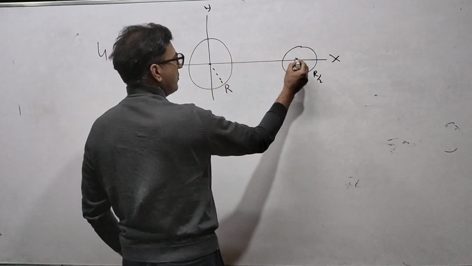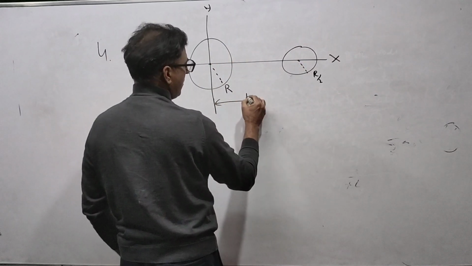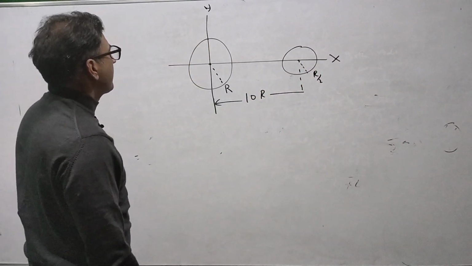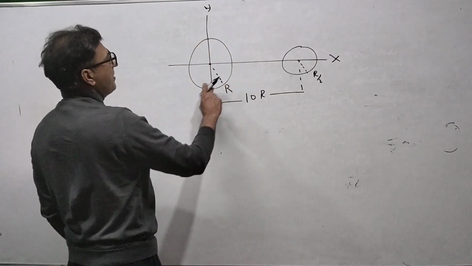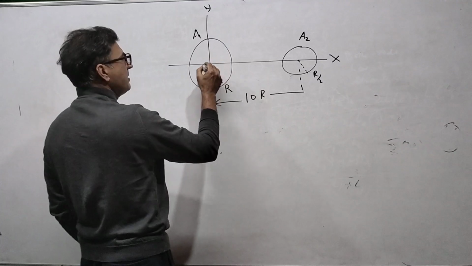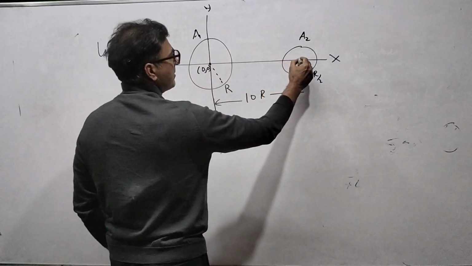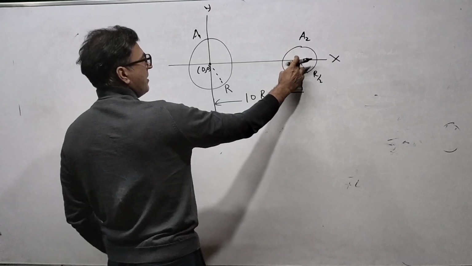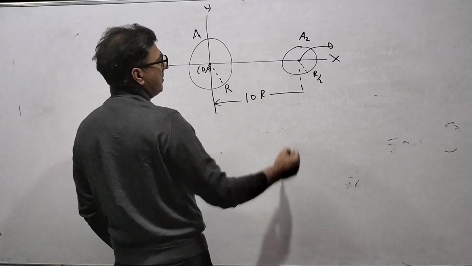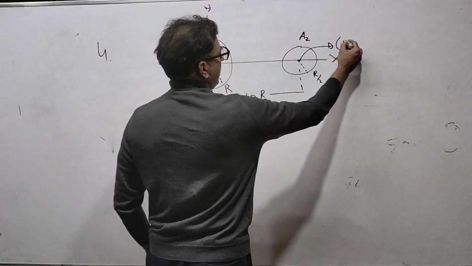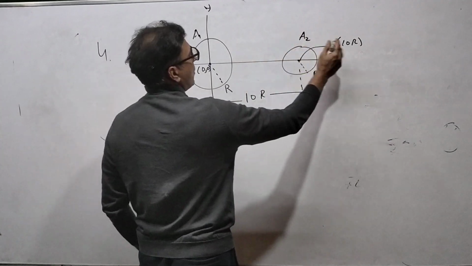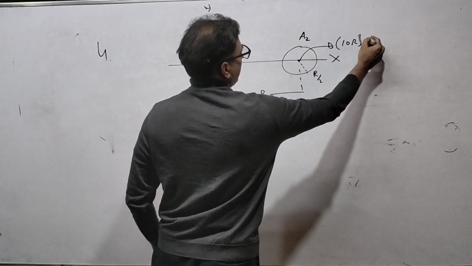And the distance from here to here, let me suppose, is 10r. What is the area of this disk? A1, let me suppose. What is the area of this disk? That is A2. What are the coordinates of this disk? 0 and 0. What is the center of mass coordinate of this little disk? That is 10r, the x coordinate, and it is on the x-axis, therefore the y coordinate is 0.